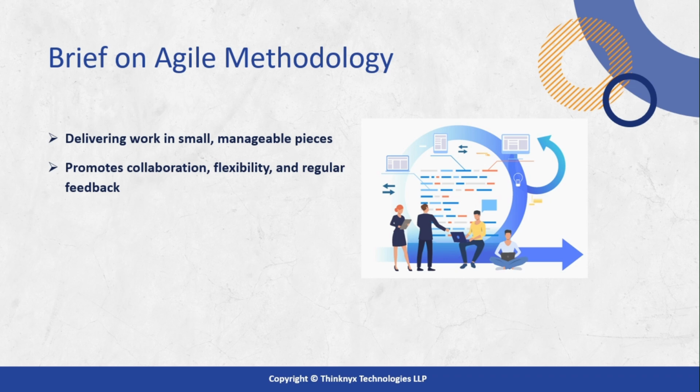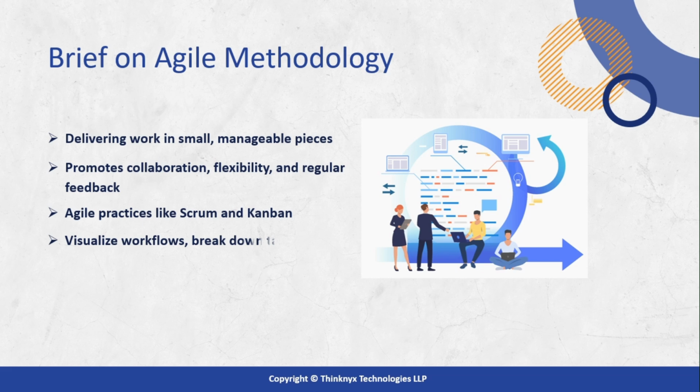Jira is designed with Agile in mind, providing powerful tools that perfectly align with Agile practices like Scrum and Kanban, allowing teams to plan, track, and manage their work effectively. With Jira, Agile teams can visualize workflows, break down tasks, and track progress, ensuring they stay on course while maintaining the flexibility to pivot when needed.